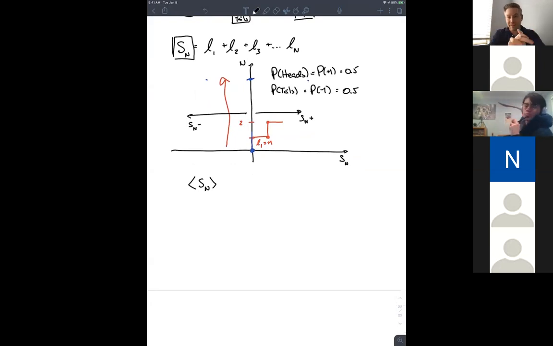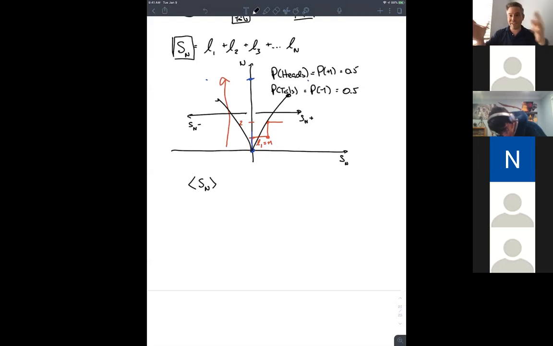All right, so now, what is S sub n? We don't even have to do any math. All we have to do is rub our temples and use the power of our minds to see that the probability of going right is equal to the probability of going left. So anytime I observe a random walker that goes over here, I have an equal probability of observing another one that goes over here.